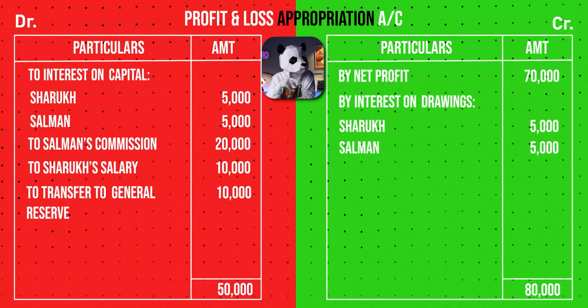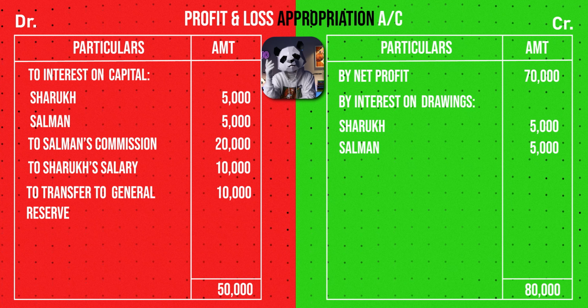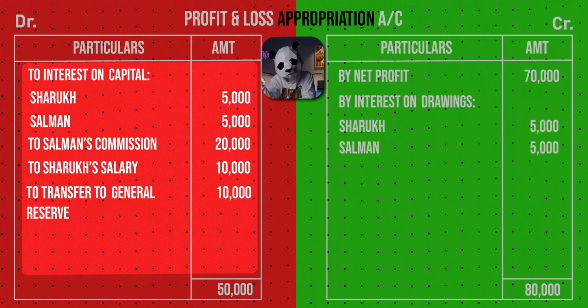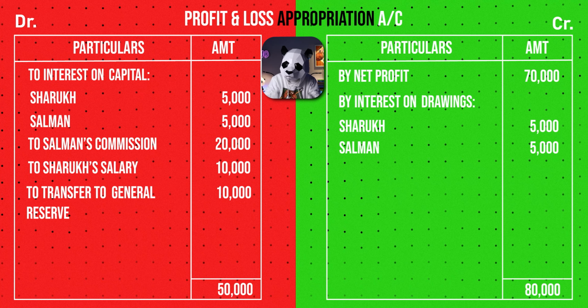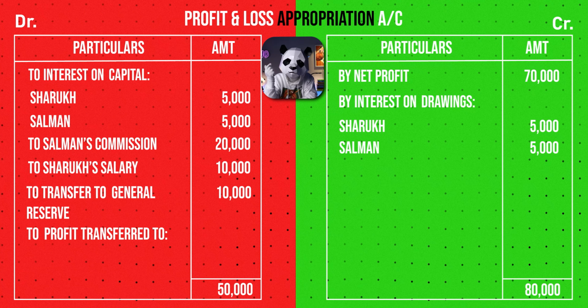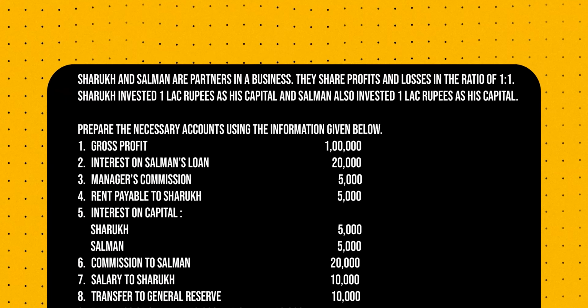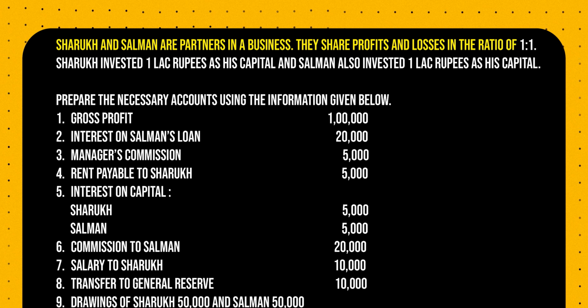The only way to make the left and right side equal is to write the final divisible profit on the left side. Since no other expense is remaining and because owners are supposed to get the final profits of the business, let's divide the profit to the partners. At the start of this question, we read that Salman and Shah Rukh decided to share the profits and losses in the ratio of 1:1.